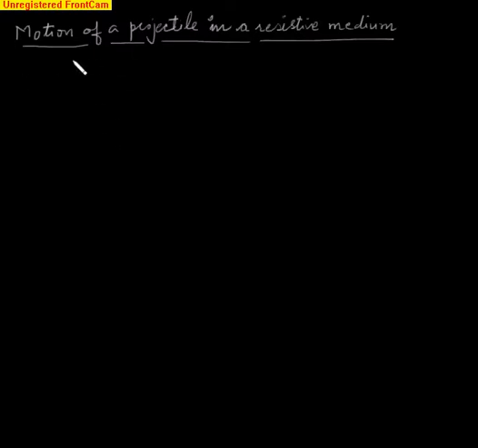Let us learn the motion of a projectile in a resistive medium. Here, a resistive medium is a medium which opposes the motion of the projectile. It means such a medium provides a resistive force which opposes the projectile motion, and such a force, which is resistive in nature, is always proportional to velocity.